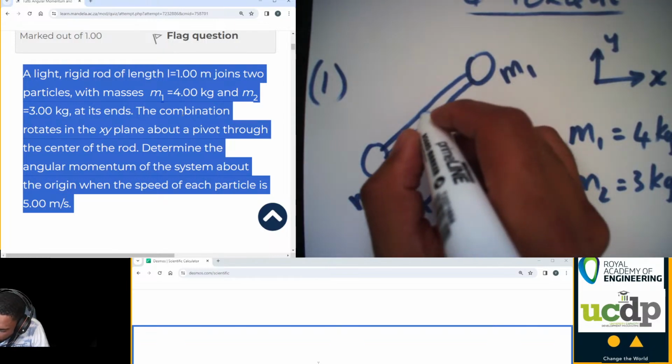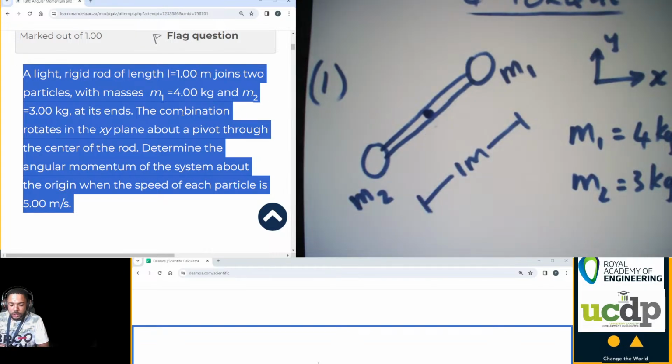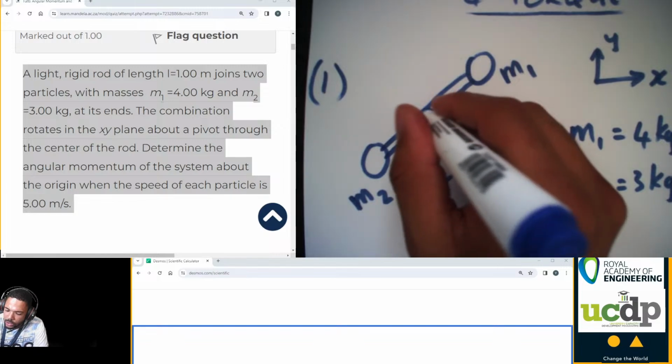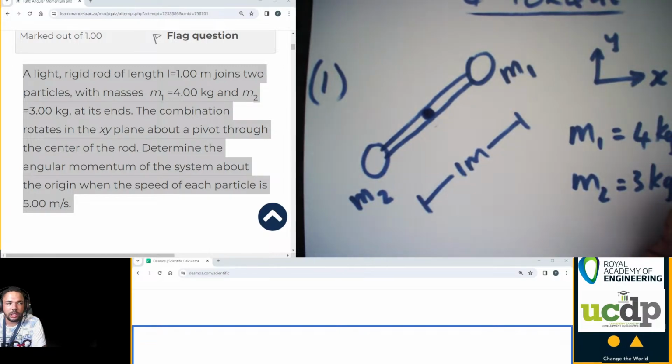It's like taking this cookie and rotating it through a point. So this rigid rod is rotating around this point in the center here.